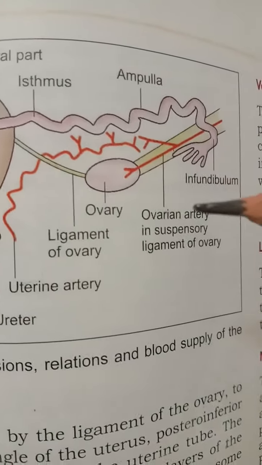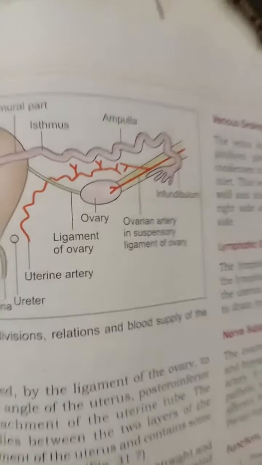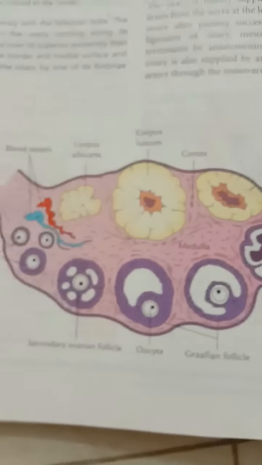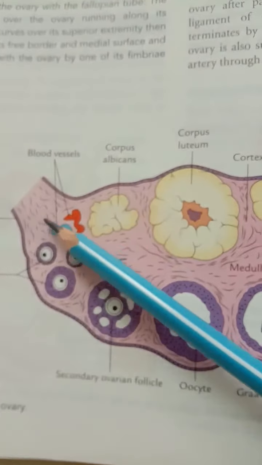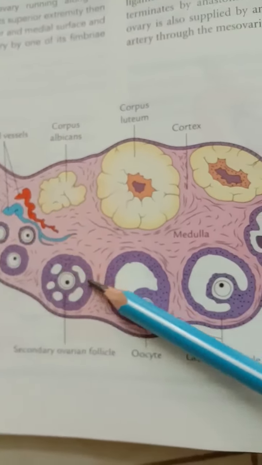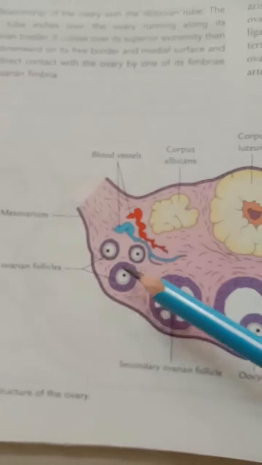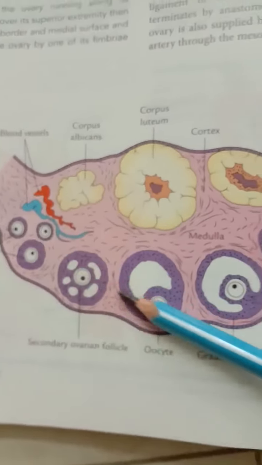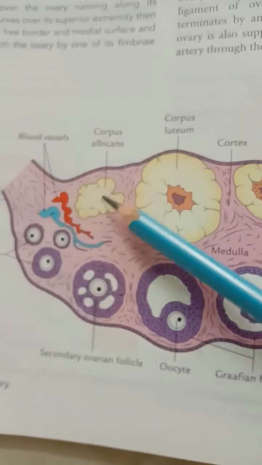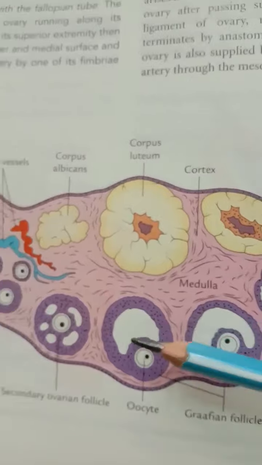The functions are, first, the production of the oocytes. Here in this diagram you can see the germinal epithelium cell, and these are the primary ovarian follicles, and from this the ovum forms each month, that is the production of the oocyte.